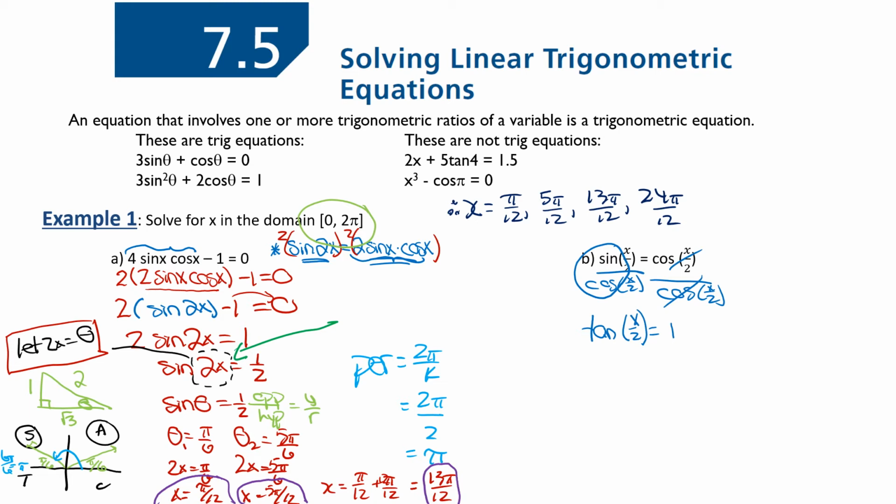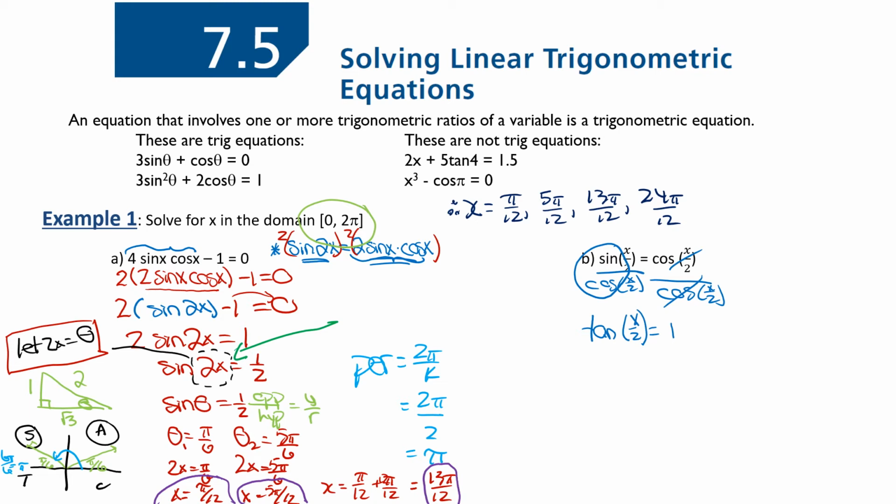If we had 3 over x, we've got restrictions on that. X cannot equal 0. If this weren't here, I wouldn't have any restrictions. So that's why we can't just divide by a function, because it introduces restrictions. This is a singular case because tan actually is sine over cos, so that's keeping the restriction there. Anyway, let's go on.